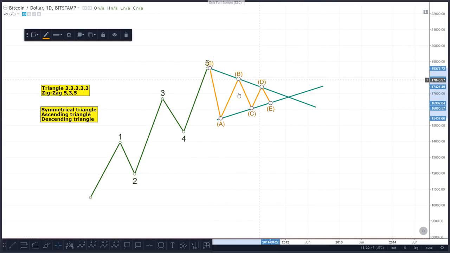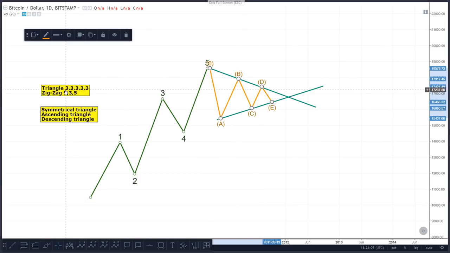So this is what you see with a triangle: waves getting smaller and the highs and lows contracting. This is what we call a symmetrical triangle, because the upper line is sloping downwards and the lower line is sloping upwards, i.e. both lines are sloping.